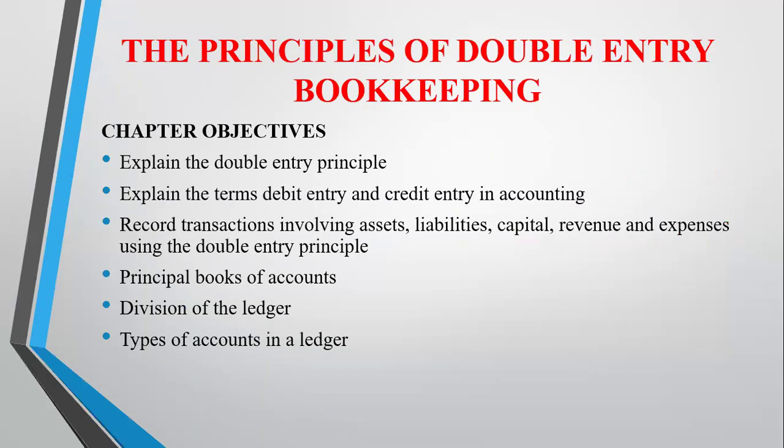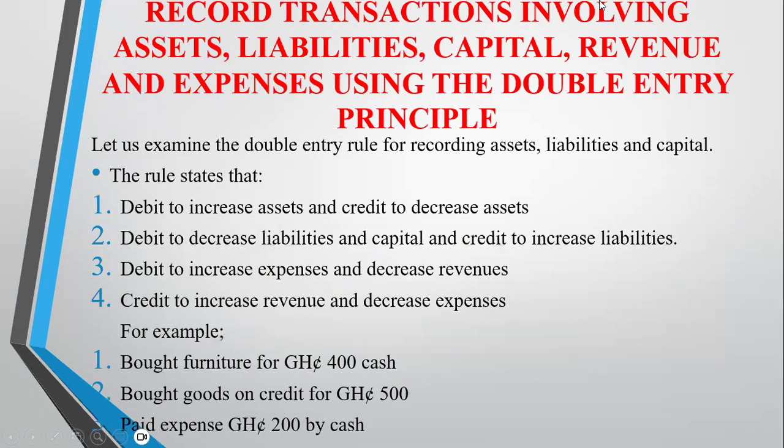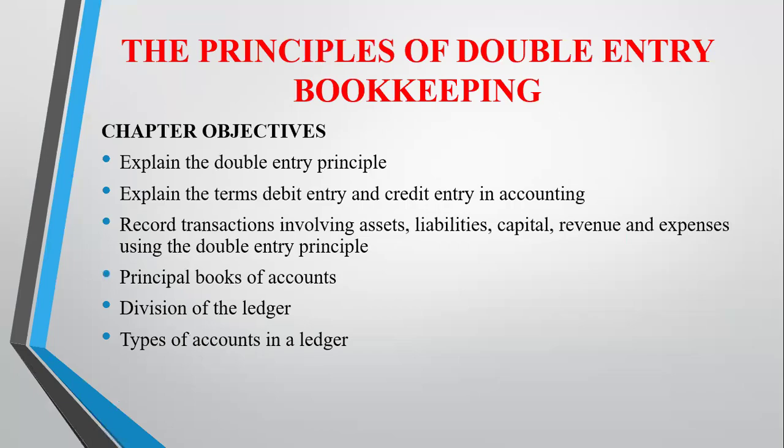So today, the chapter is on the principles of bookkeeping entry. In this chapter we are going to explain the double entry principle, and explain the terms debit entry and credit entry in accounting.